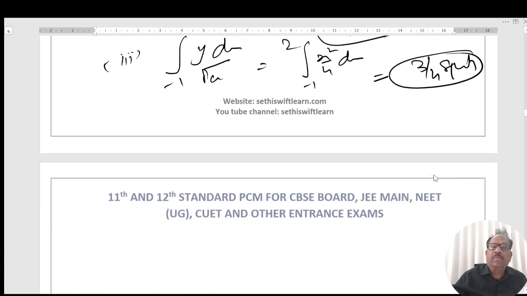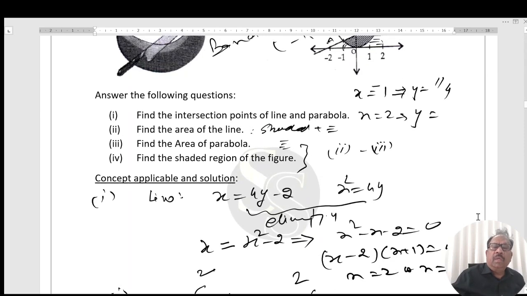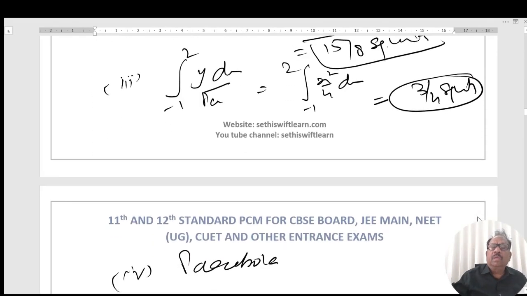Next part, fourth part, parabola and line. We have to find the area of the shaded region of the figure.